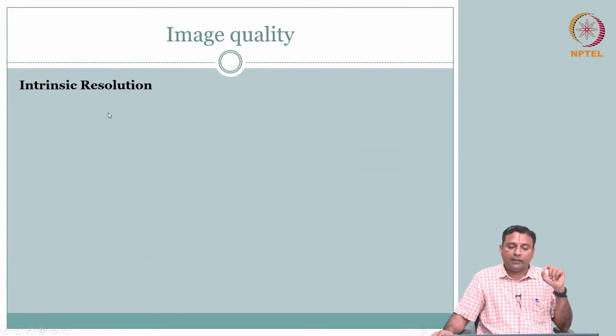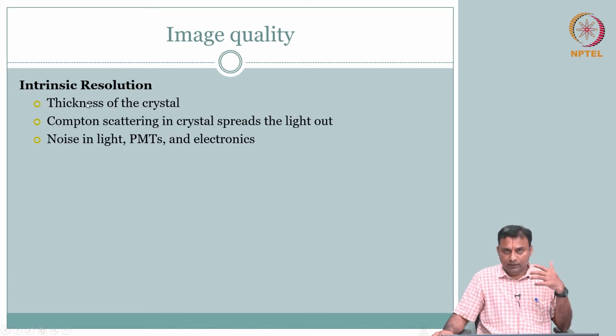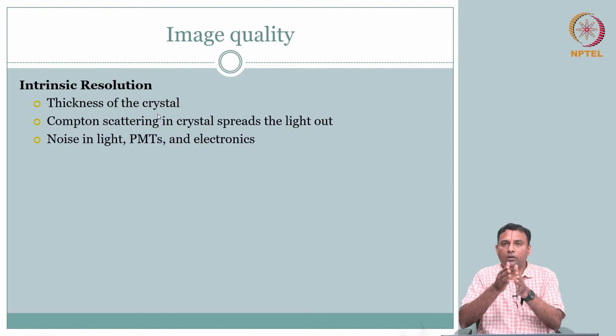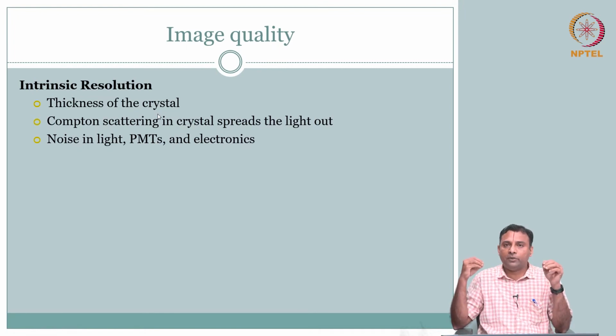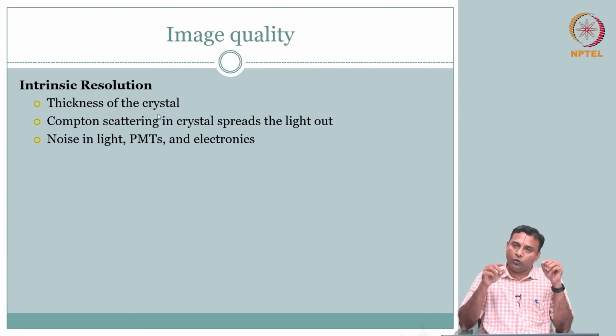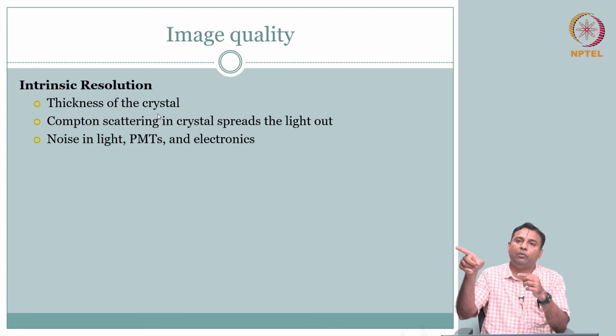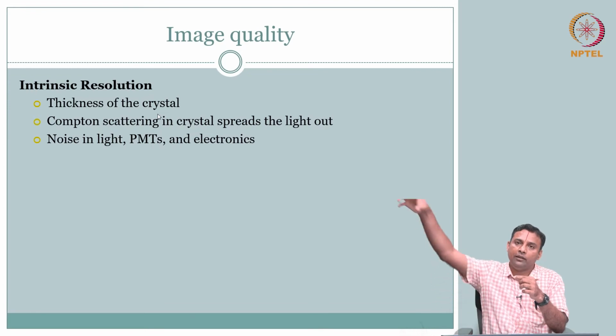In fact, a subtle point: when we say intrinsic resolution, what is coming to our mind is, okay, we know these are all parameters. So, thickness of the crystal, what do you know about that? We did not allow the Compton scatter to enter from the object. So, only straight line came through the collimator, but after it comes through the collimator, it may have Compton scattering in the crystal, and therefore some will go further into the photomultiplier tube and get detected.